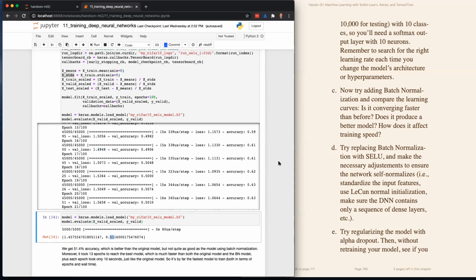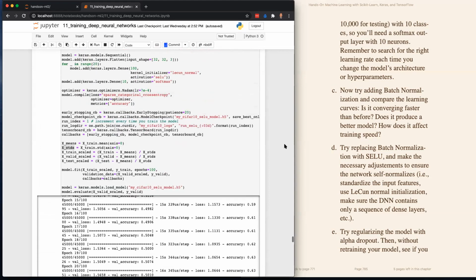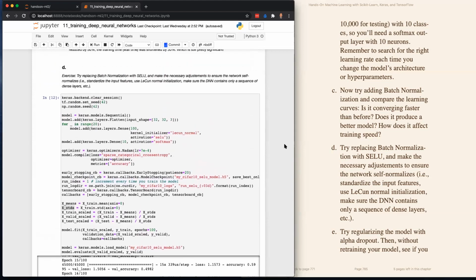So last time, we did not standardize the images before inputting them to the model, right? No, we didn't. Isn't it recommended that you should standardize the input anyway before feeding it to the neural net? Yes, I think it is.